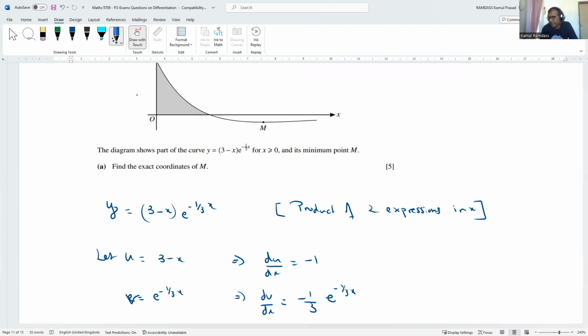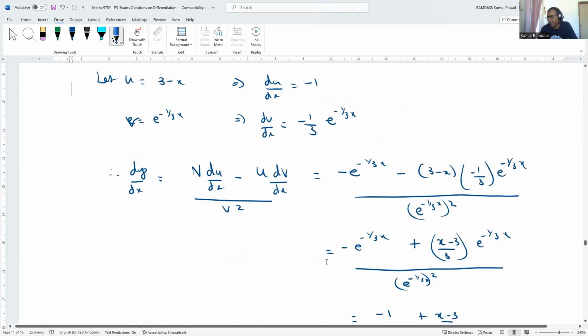Et bon, besoin de dire let u is equal to ça, let v is equal to ça. OK. u is equal to 3 minus x, du by dx is equal to minus 1. Differentiation of 3 minus x is minus 1. v is equal to e to the power of minus 1/3 de x, dv by dx is equal to minus 1/3 e to the power of minus 1/3 x.